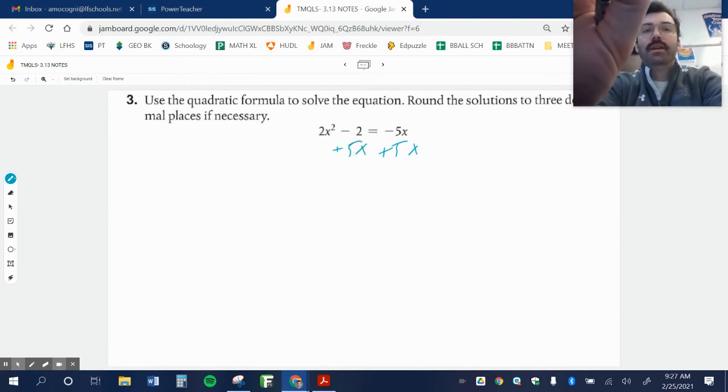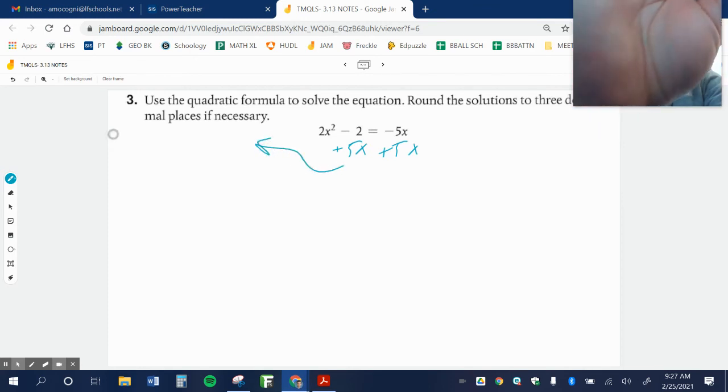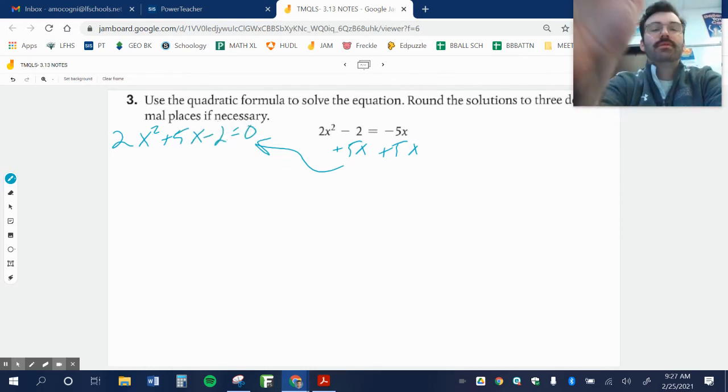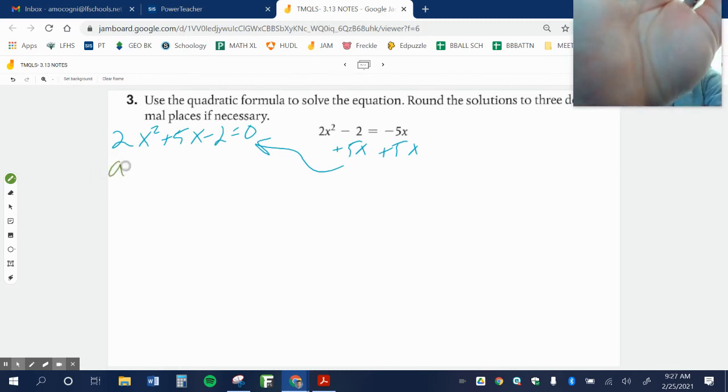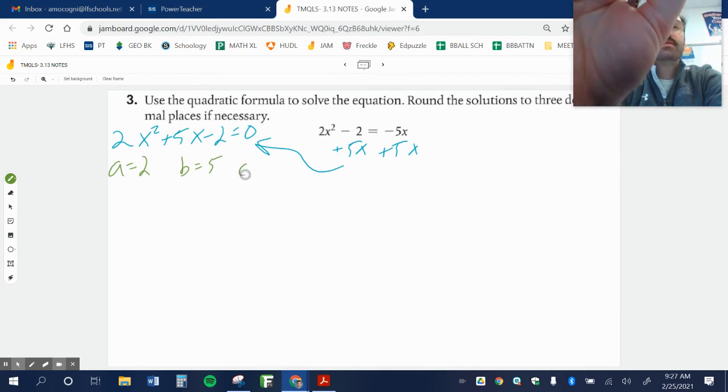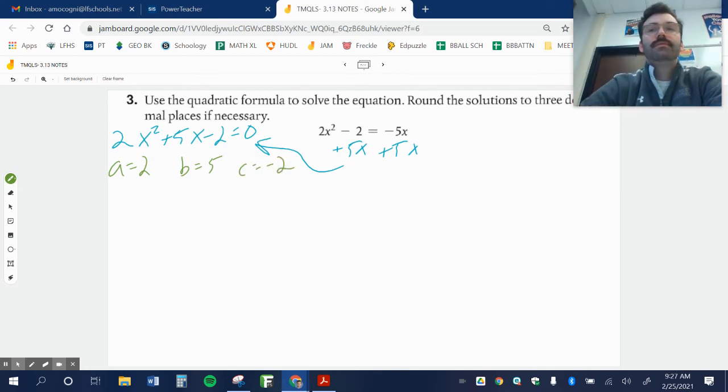So now my quadratic is 2x squared plus 5x minus 2 equals 0. So now I want to identify A equals 2, B equals 5, C equals negative 2.